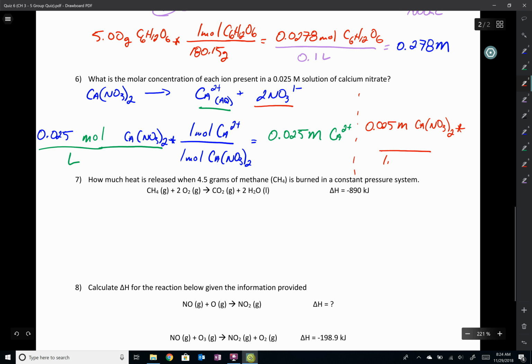We're going to multiply that, for every 1 mole calcium nitrate, we have 2 moles of nitrate. Now, where am I getting that 2 from? From my balanced equation. So I'm using a stoichiometric ratio to answer this problem. And if we do this math, 0.05 molar nitrate. Okay?